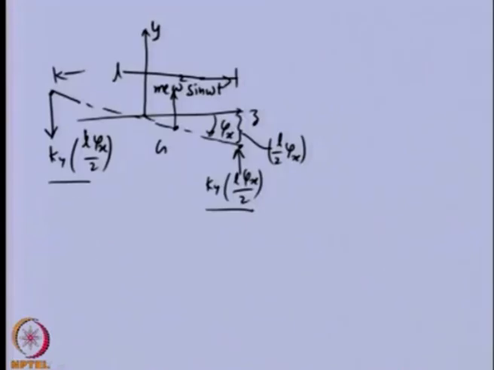Now, we can do the moment balance of these. This distance is E z, the axial eccentricity of the rotor. Now, we can write the equation of motion. So, now I am taking the moment balance.